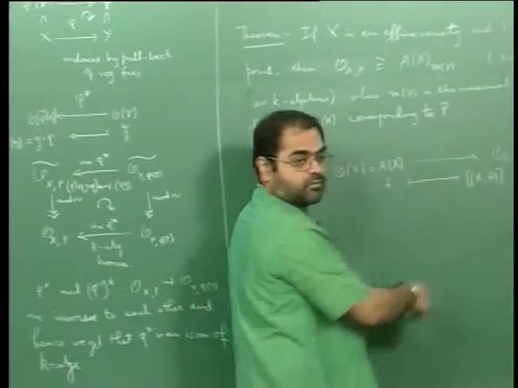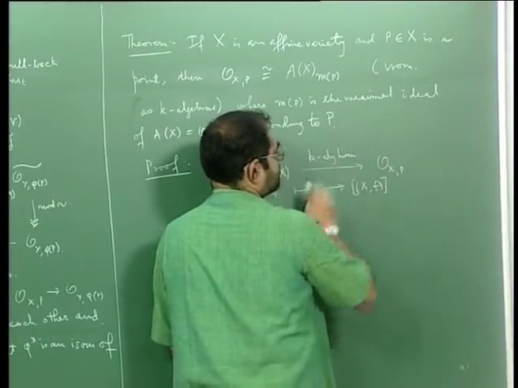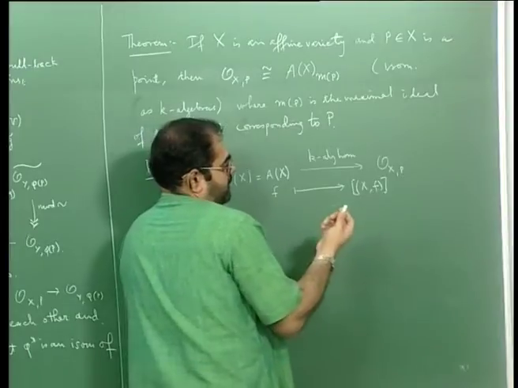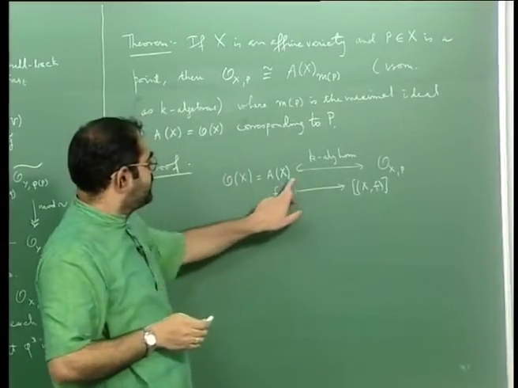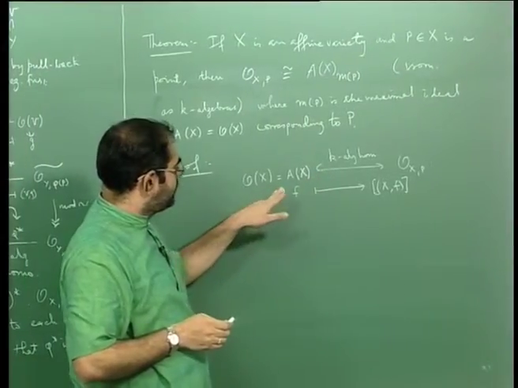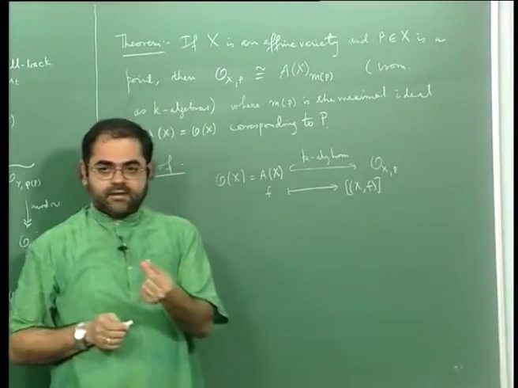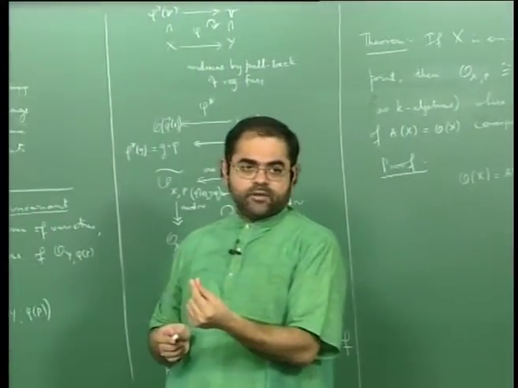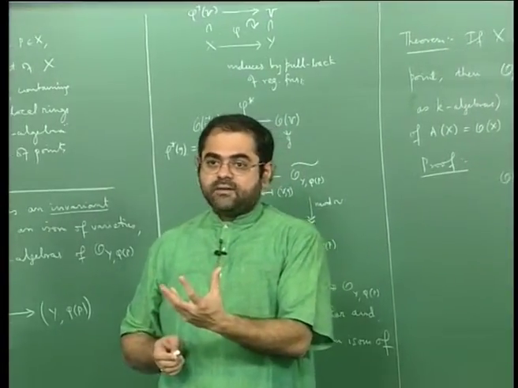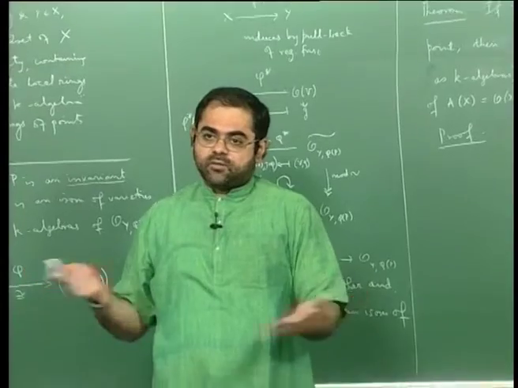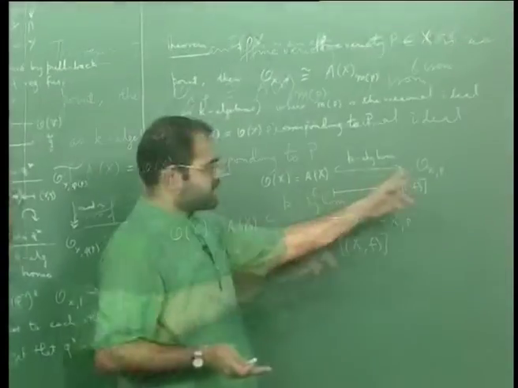This is of course a K algebra homomorphism, that is easy to check, and you can also see that it is injective. If the germ of f at the point P is 0, it means that f coincides with the 0 function in a neighbourhood of P, but then it has to coincide with 0 on all of x. So if this is 0 then this is 0, so this is an injective homomorphism.